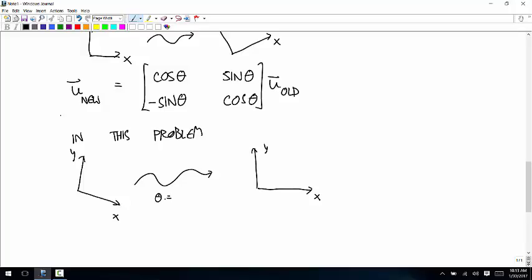Plus 20. You just have to rotate this coordinate system plus 20 to line it up there. Counterclockwise 20 degrees.